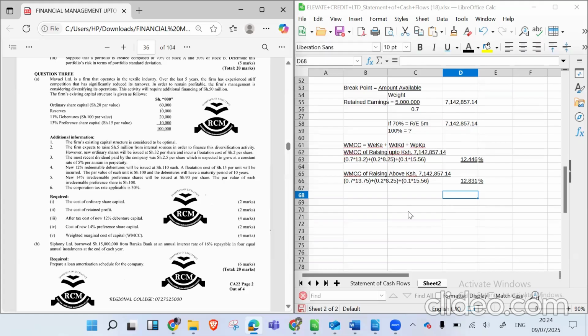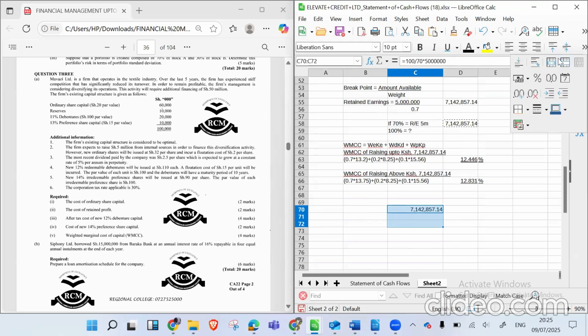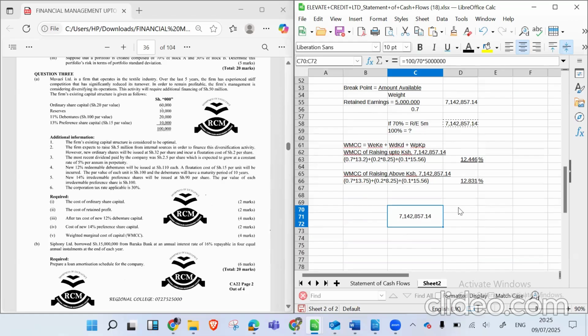And this is what it means. Now, this 7142 must come from three sources.